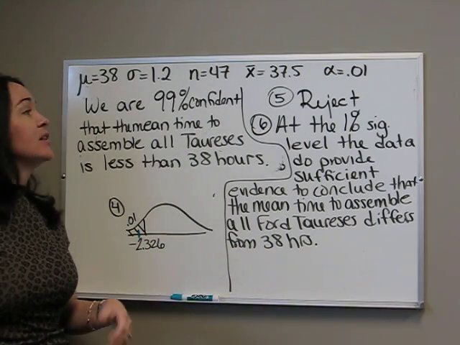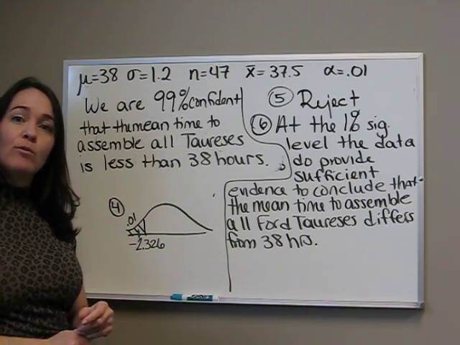And that concludes the critical value z-test for a one population mean.